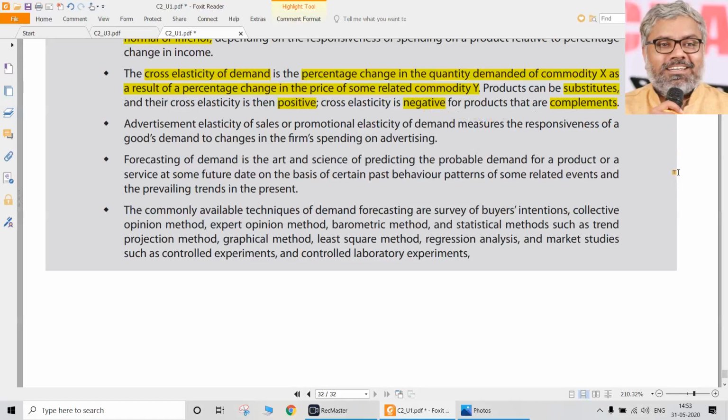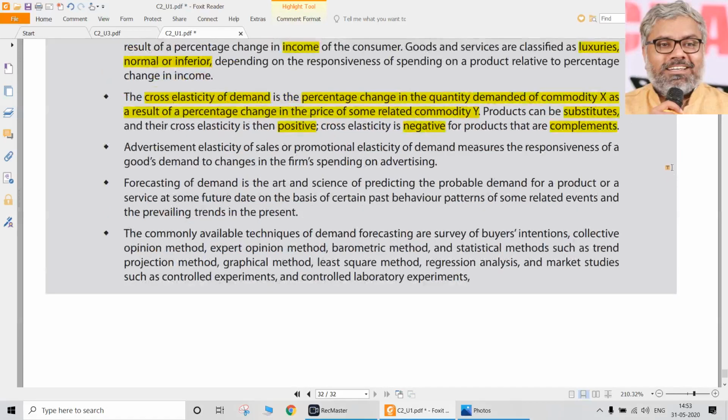If the products are complements, the cross elasticity is going to be negative. Even in computations, you have to keep this negative sign, because it indicates that the commodities we are testing are complementary to each other. Of course, we also know the other case. If the cross elasticity is positive, we can always say that they are substitutes.